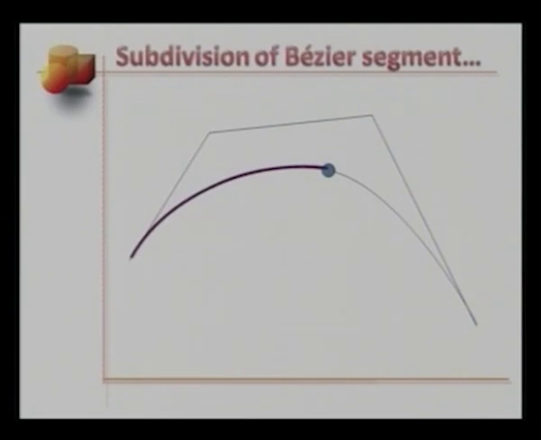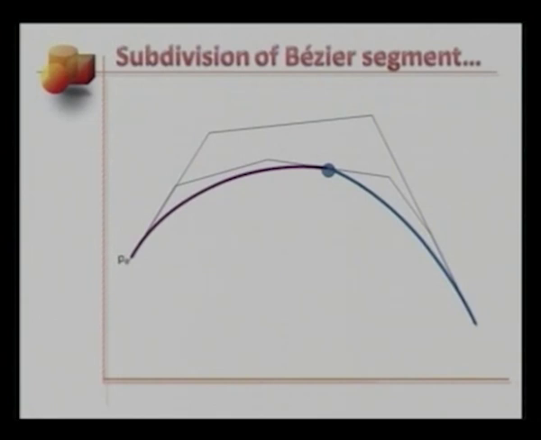So this is the first segment and this is the second segment. Let's try to sketch the control polyline for the first segment. And this one is for the second segment. Notice that the control polyline will change, but the Bezier segment will retain its shape.